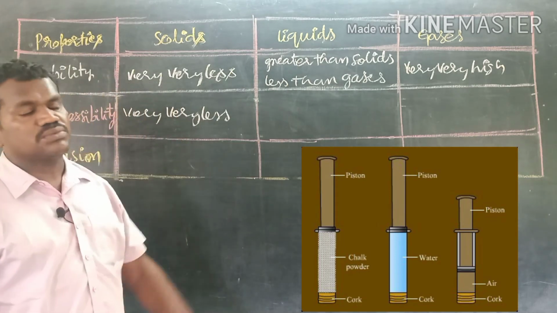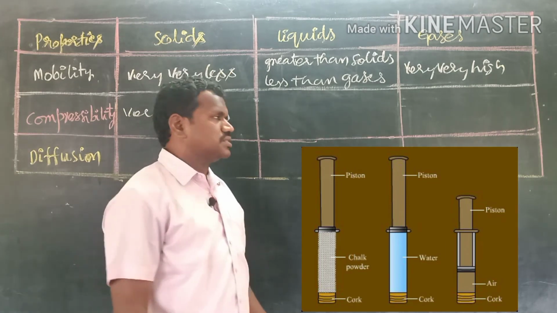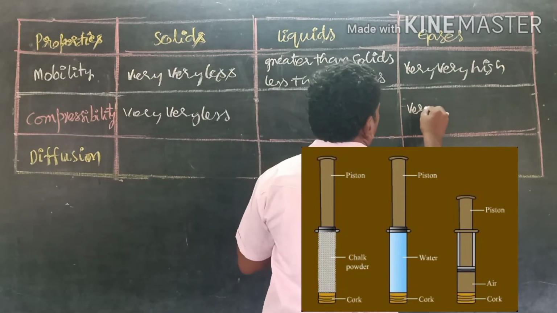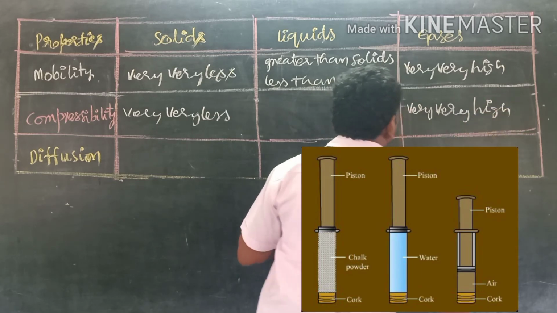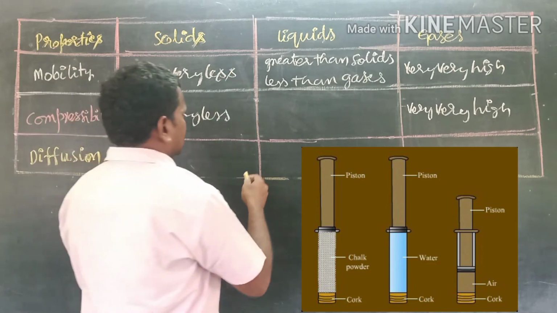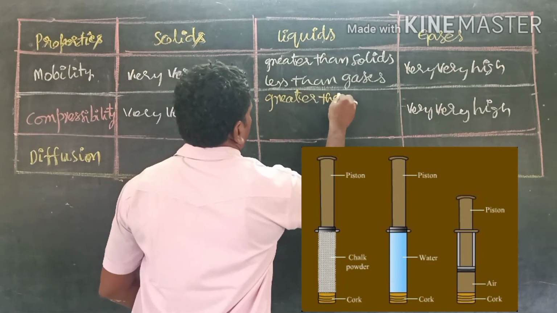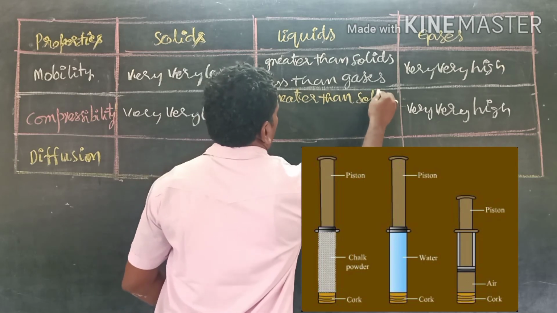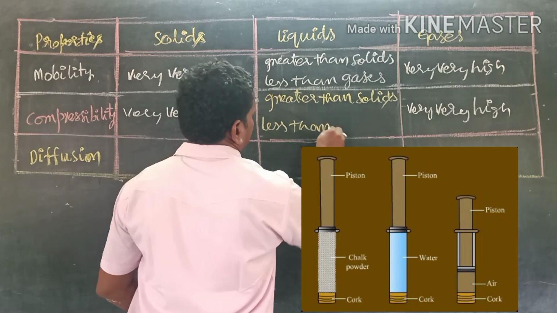Because the distance between the particles is very high. By applying force, the compressibility will be very high. Then what about the liquids, sir? The compressibility of liquids is greater than solids, whereas it is less than gases.